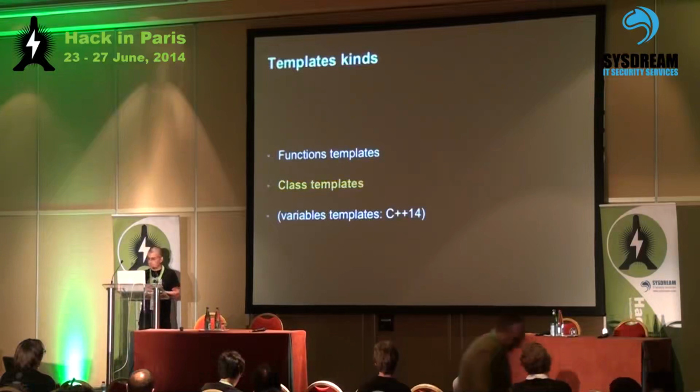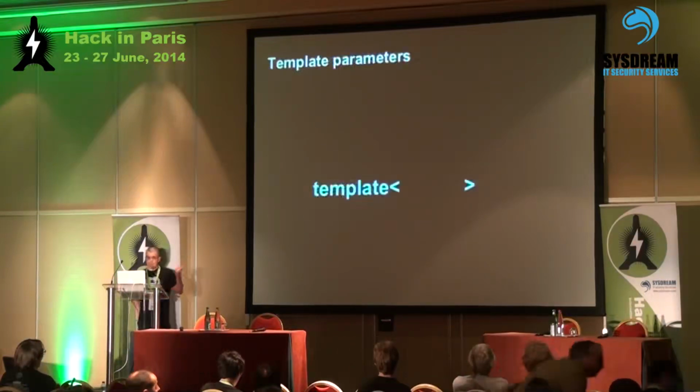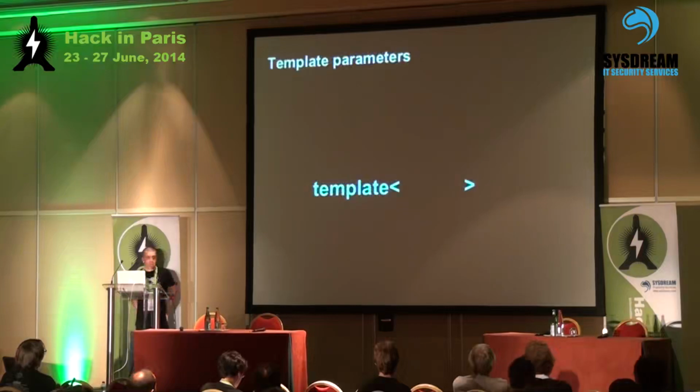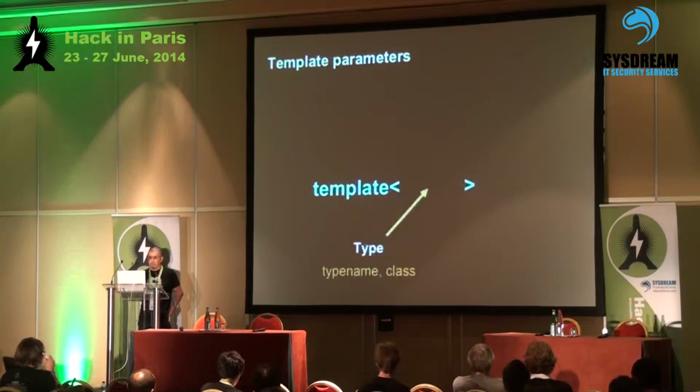And you see that you declare a template with this syntax. You type template and angle brackets, and you have a list of parameters. You can put types with the prefix typename or class. It's exactly the same.